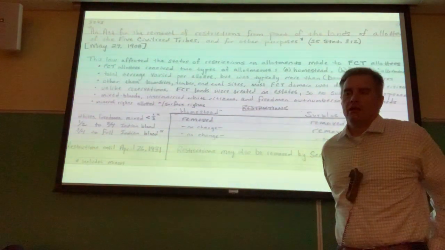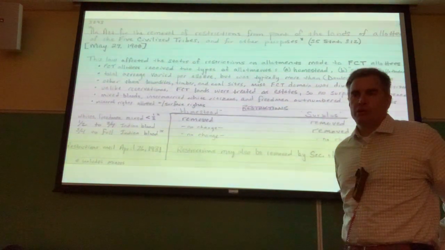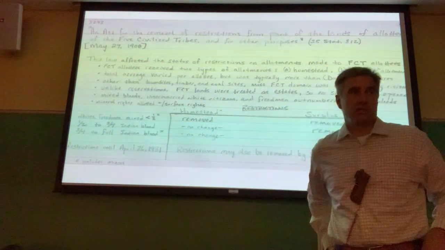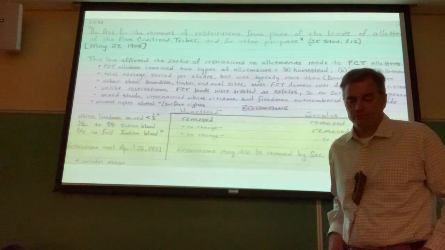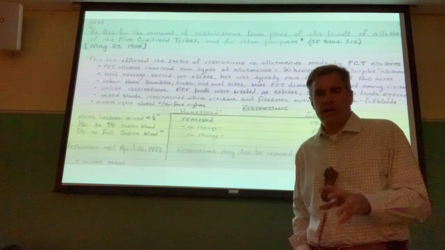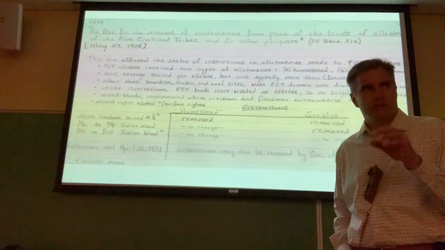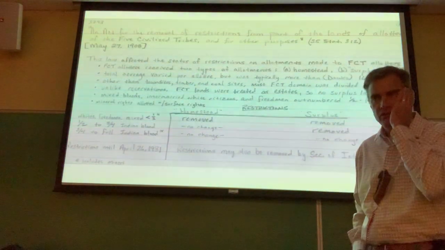Muskogee was big by the time of allotment. It was attracting lots of people. It had actually several railroads passing through it by 1900. So there were towns that developed on land that did not have secure title. Okay, and this was really significant.